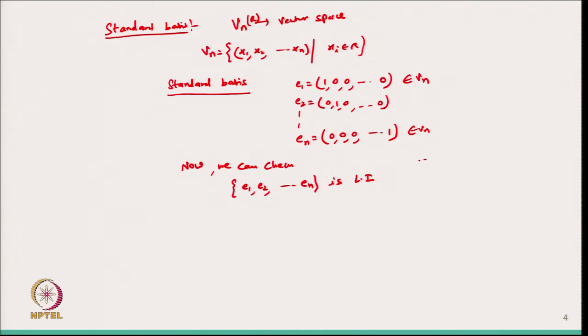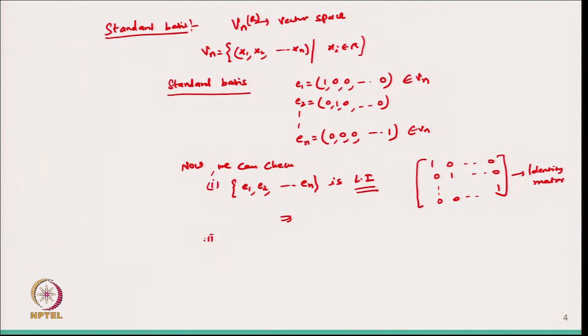Because the corresponding matrix we get has 1 on the diagonal and 0 elsewhere, so you will get only the unit matrix or identity matrix, and this is always invertible. Which implies that this set of vectors is linearly independent. So, the first claim is over.